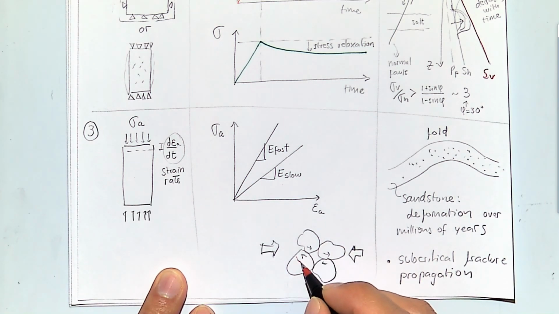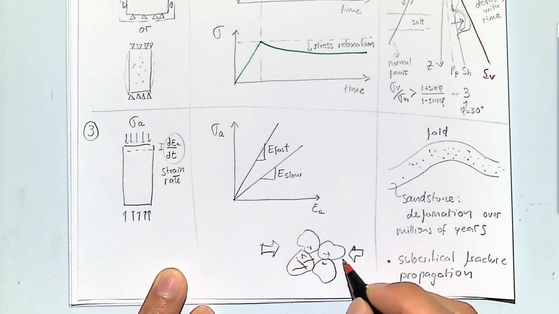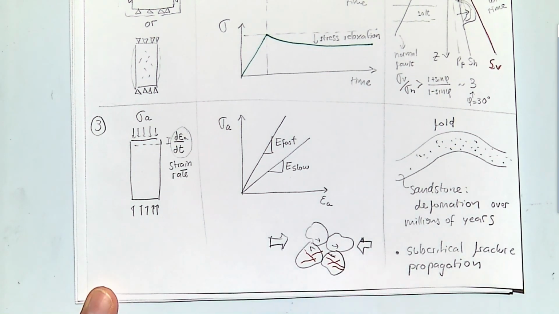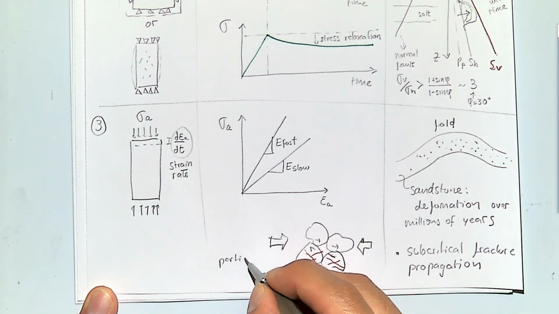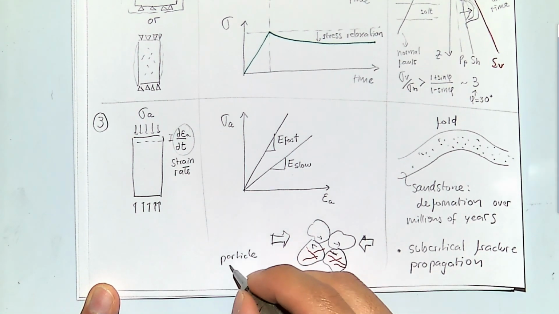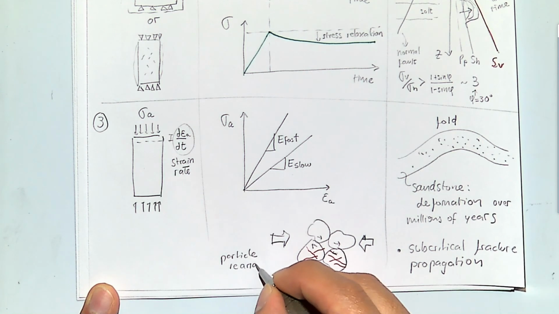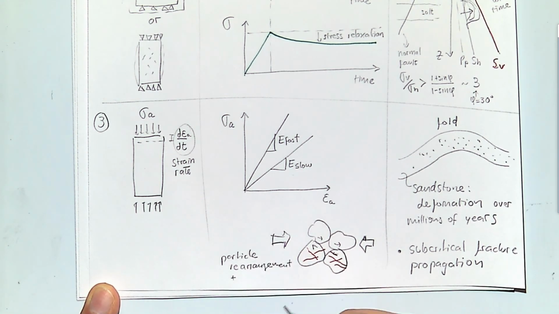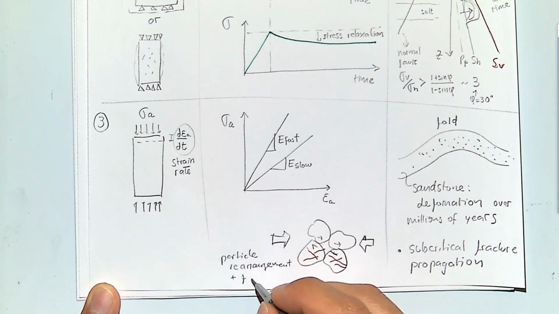Over time, some of these particles may break, and that also makes the rocks look softer. So this would be particle rearrangement plus crushing.